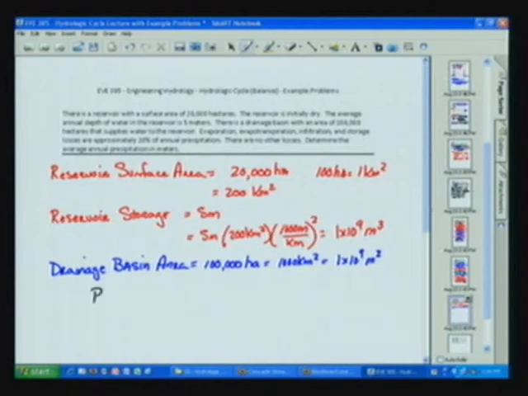Now the reservoir storage is equal to the watershed runoff.